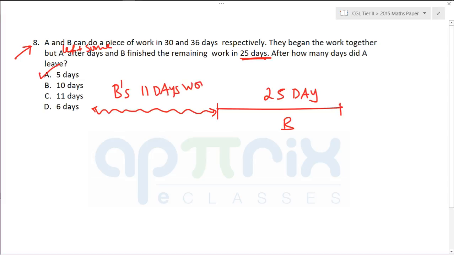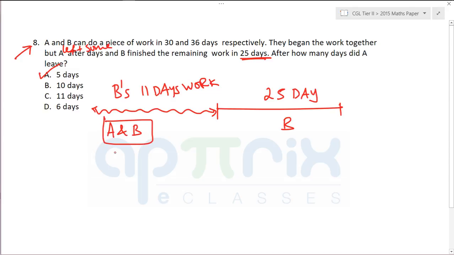Getting my point or not? If I talk only in terms of B, since B has finished 25 days work later, that means the previous work which A and B did in combination together is nothing but equal to B's 11 days work. Right or wrong?